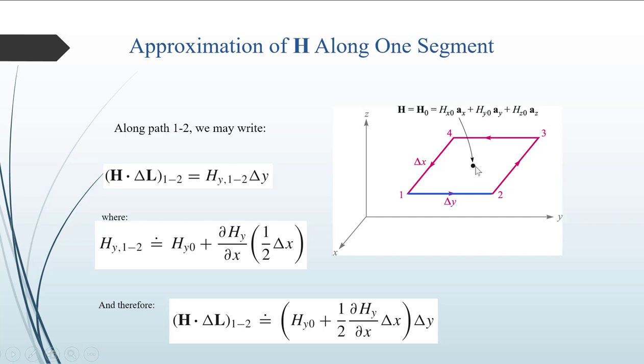So at the center there is hy naught, and then there is a displacement of hy along delta x. This distance is delta x divided by 2, and so this hy component is displaced from the center towards this point by a distance of delta x by 2.